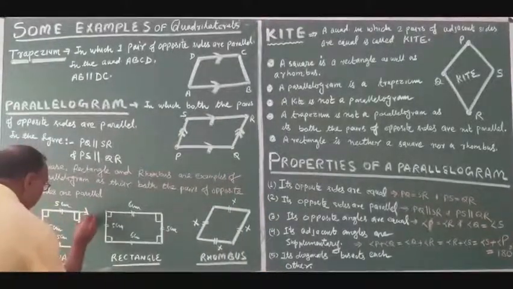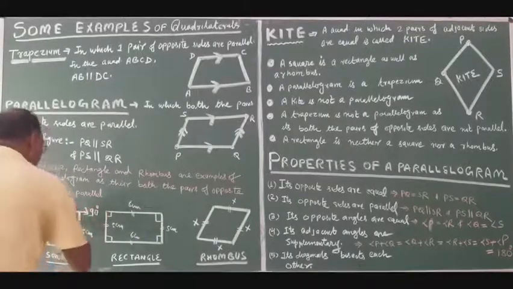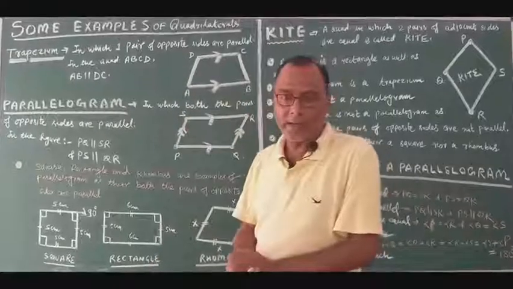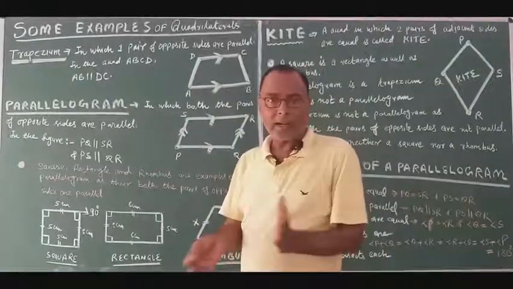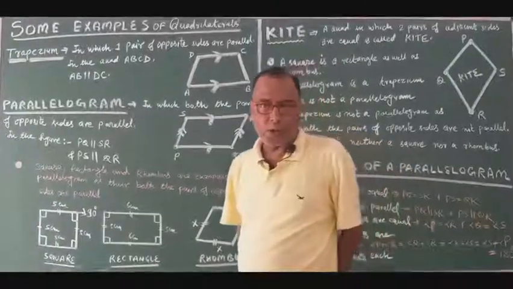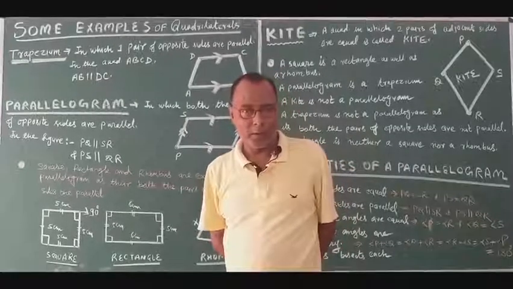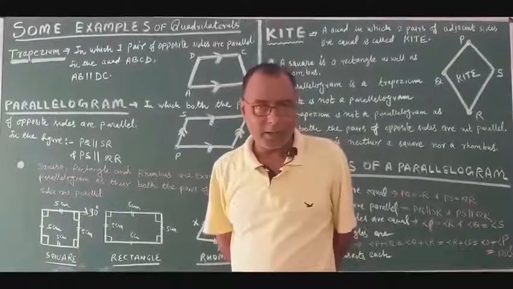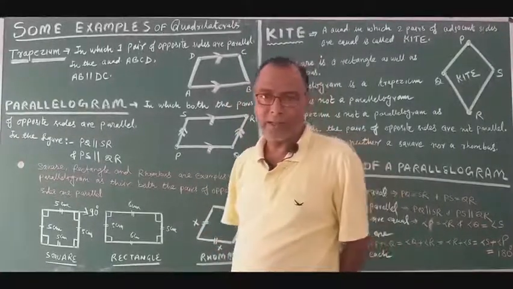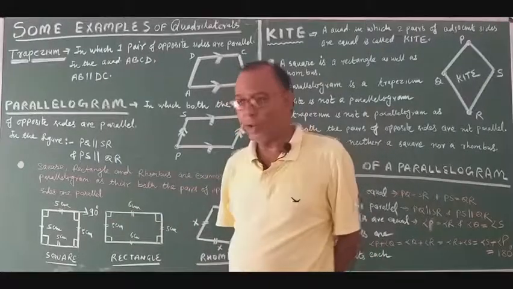So such a quadrilateral is known as a square. It means a quadrilateral in which all four sides are equal and all four angles are equal to 90 degree each is known as a square.